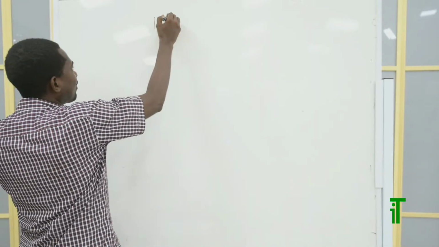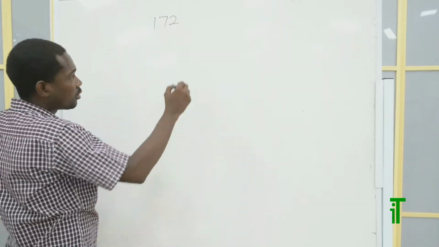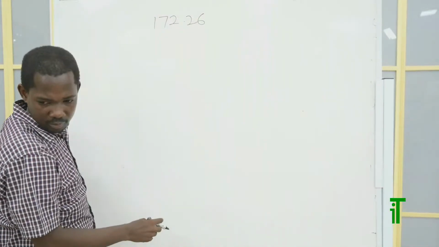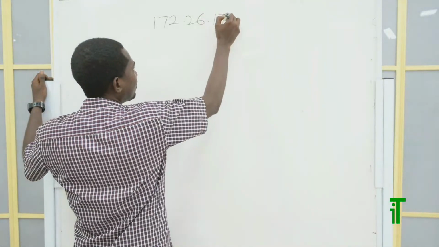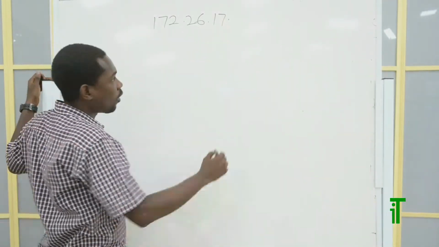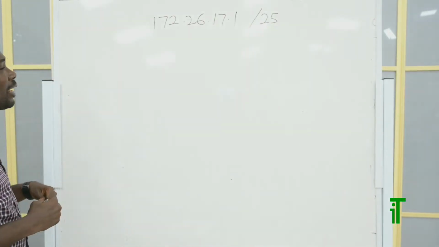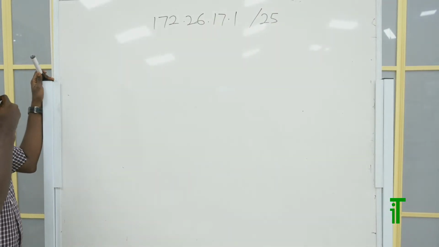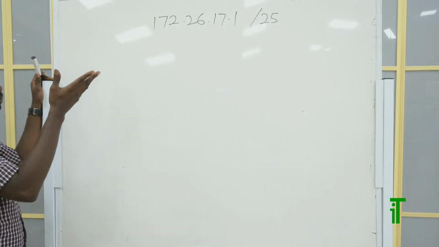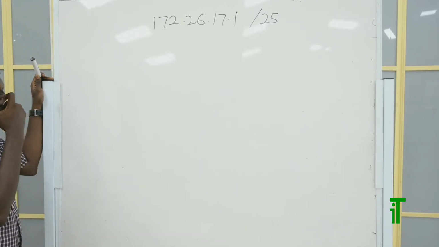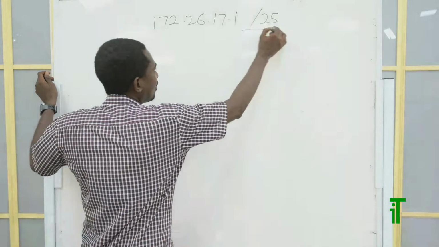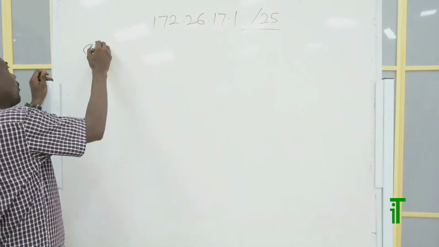All right, so let's do this. So we have 172.26.17.1/25. So this is a CIDR notation. We need to write the CIDR notation in binary form.